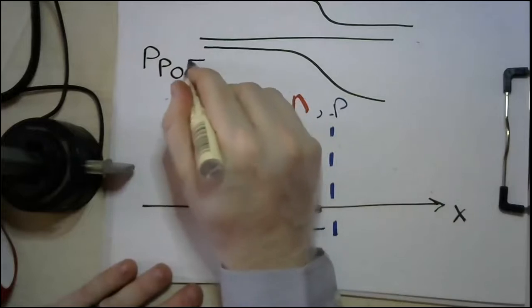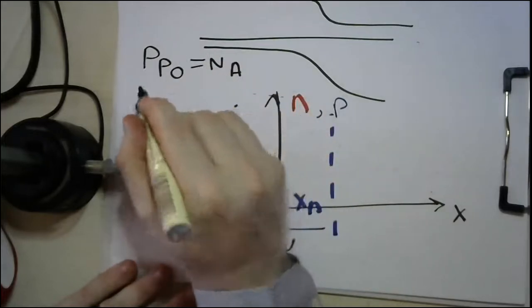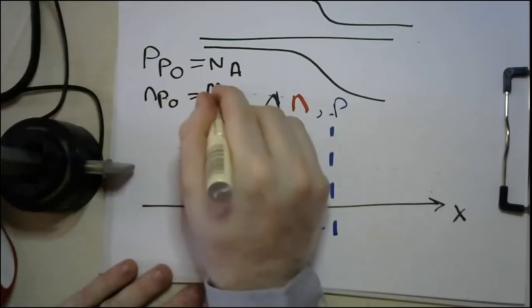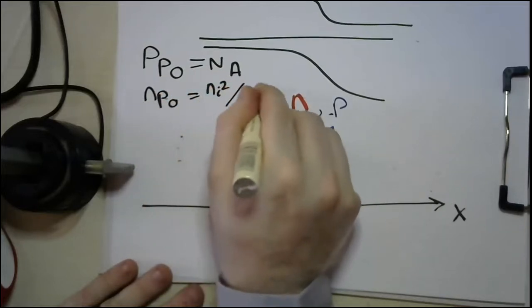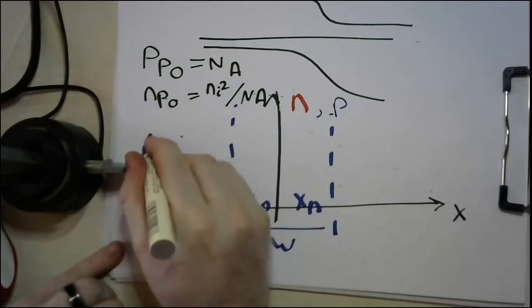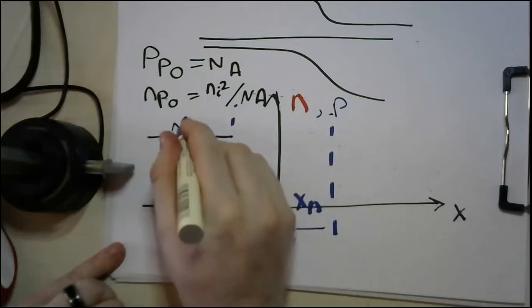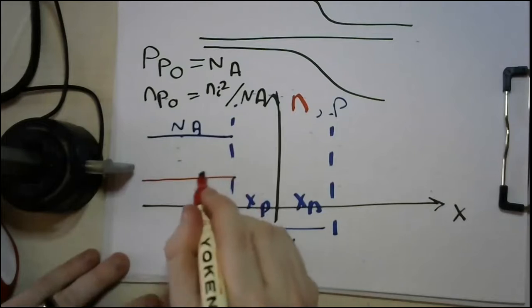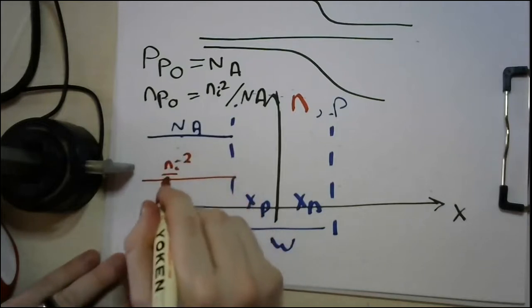So PP node equals Na, and NP node equals Ni squared over Na. So very simply, you can now plot the electrons and the holes. The holes will have a value of Na, and the electrons will have a value of Ni squared over Na.